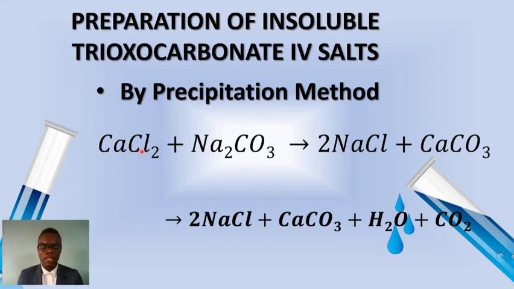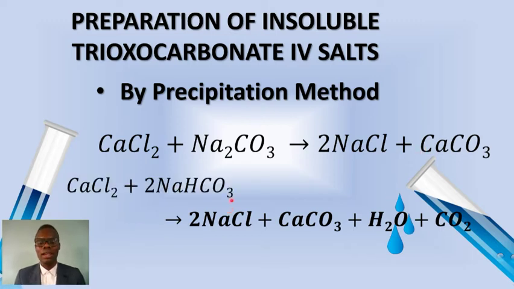Both of them will decompose to form two salts, one of them being soluble, in this case sodium chloride, and another which is insoluble, which we usually call the precipitate, after which this method is named. You can either use your sodium trioxocarbonate 4 or your sodium hydrogen trioxocarbonate 4, like you can see in this example below.